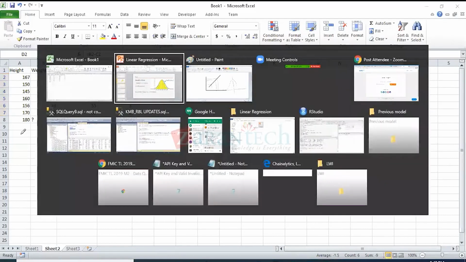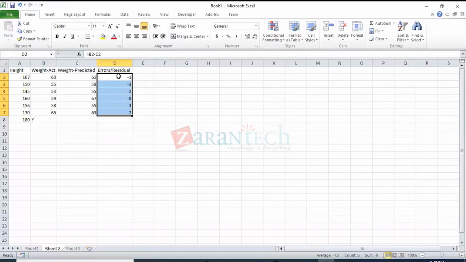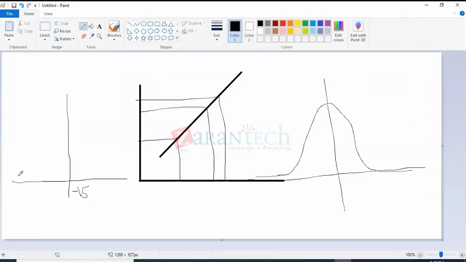In a normal distribution, this line is nothing but the mean value, so this is -1.5. All these values should follow this normal distribution curve. Most of the points should be present within this bell itself. Got it, right?